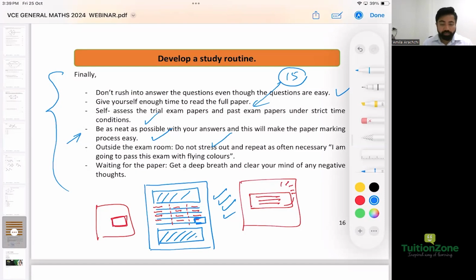Cool. I think that's pretty much all about it. And keep going whatever you do, stick with the plan, and plan ahead. I think you've got the exams coming on. It's a Tuesday, isn't it? Most of you are doing the English, which is on the 29th. But we do have the classes as usual on Saturday, Sunday, and the week after as well. When is the general exam? Was that on the 1st of November?